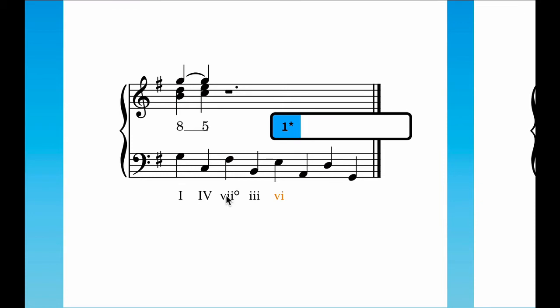We're used to, at this point, 7 going to 1, and also 7 being in inversion. Students tend to love this because they get to break a rule. It makes them feel like they get to do something they're not supposed to. I don't know why that's a good thing.